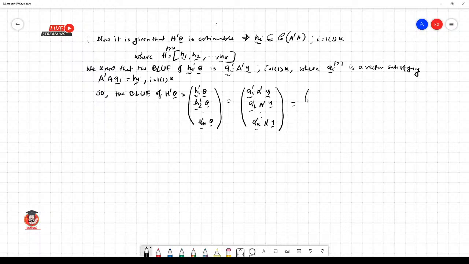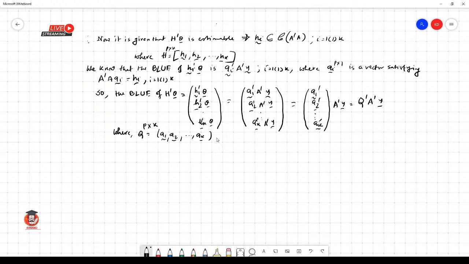Hence, where Q is a matrix of order p cross k.